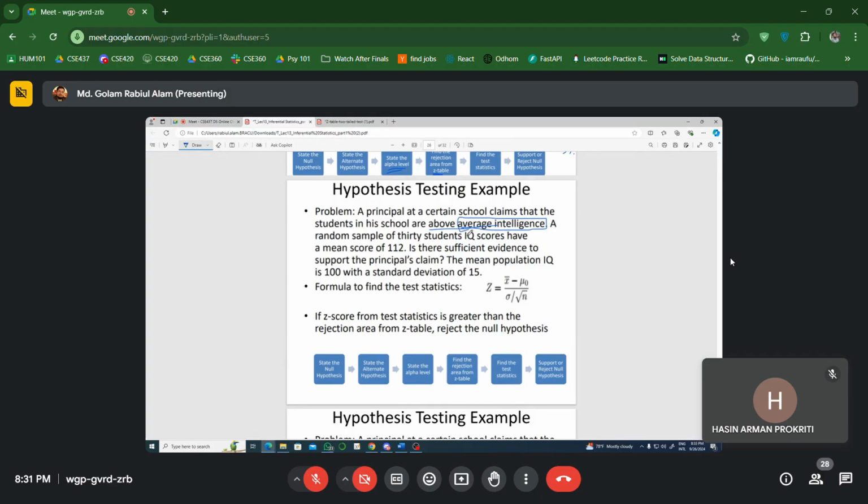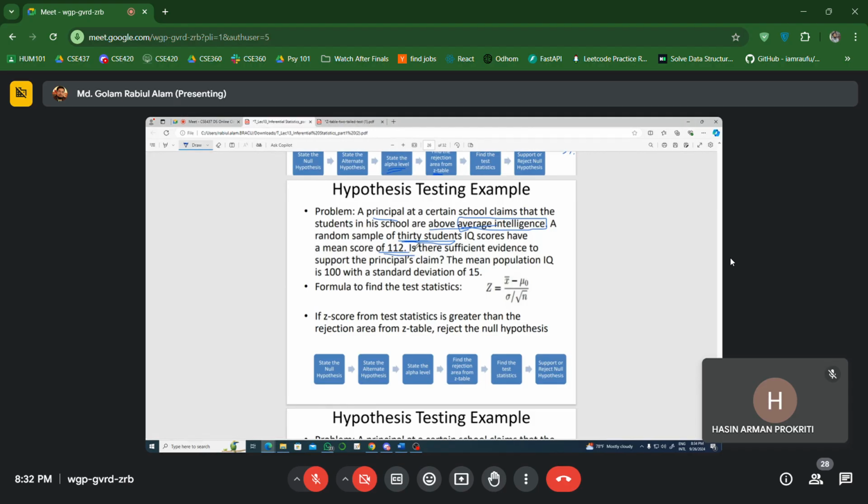Now we want to test this claim, whether the principal's claim is true or maybe false. For that, a random sample of 30 students has a mean IQ score of 112. So the principal randomly selected 30 students and tested their IQ scores, and the mean IQ score from that sample is 112.